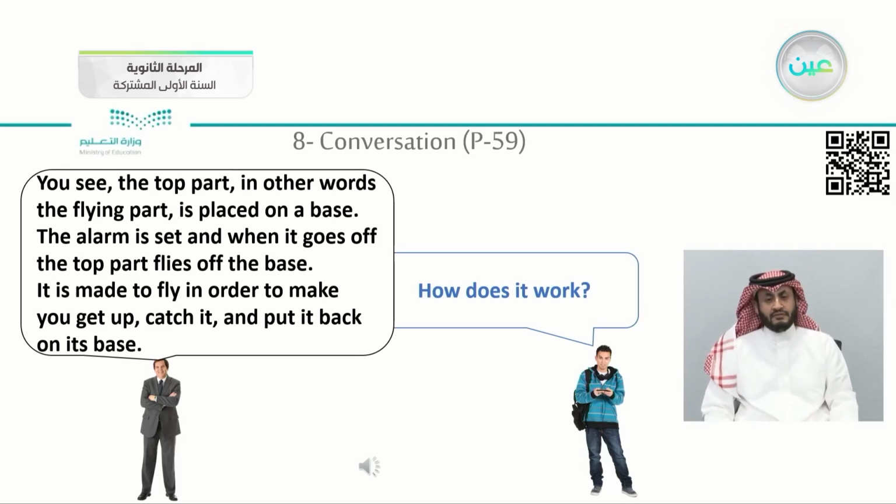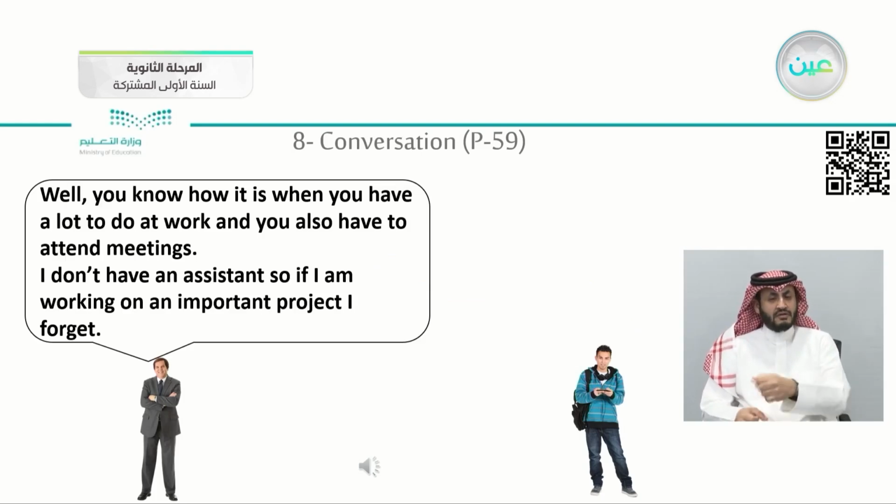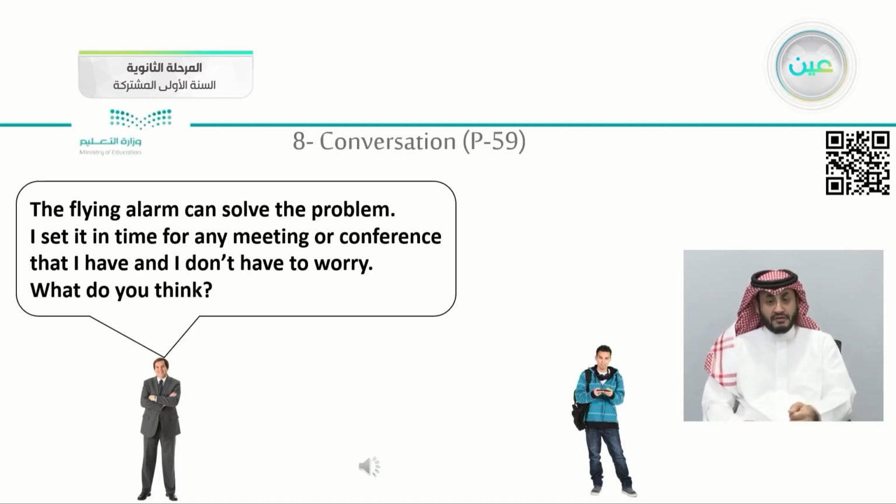It is made to fly in order to make you get up, catch it, and put it back on its base. And why is it here? Well, you know how it is when you have a lot to do at work and you also have to attend meetings. I don't have an assistant, so if I am working on an important project I forget. The flying alarm can solve the problem. I set it in time for any meeting or conference that I have and I don't have to worry. What do you think?